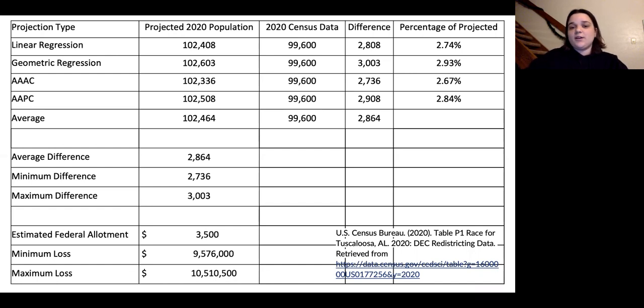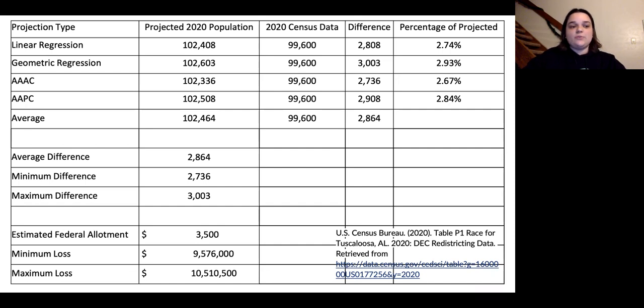The reason why the census data may be less than the actual population of the city of Tuscaloosa is that in 2020, when the COVID-19 pandemic hit, a lot of college students returned home from their college town. The University of Alabama is in Tuscaloosa.